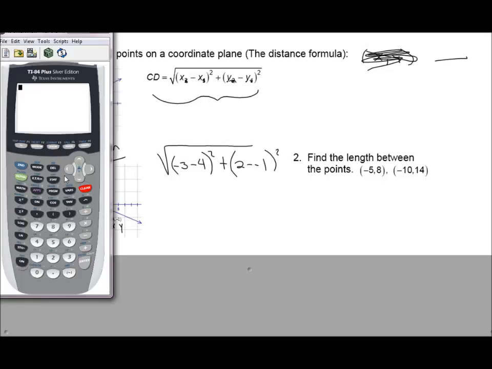Now you can put all of this in your calculator, but you have to watch carefully how I do it. First, second x squared. Second x squared will give you your square root.